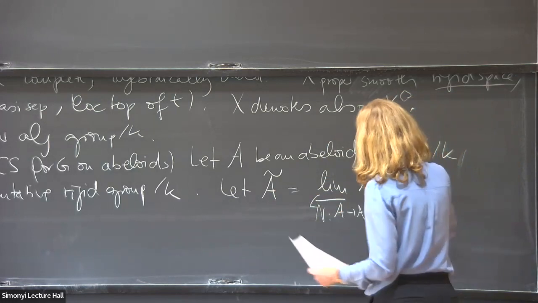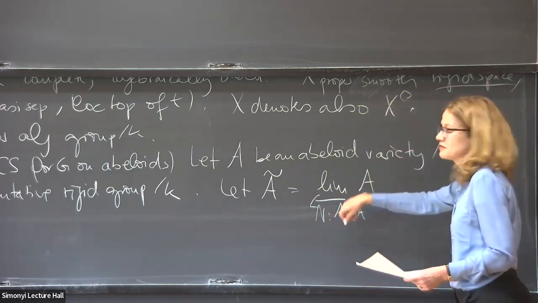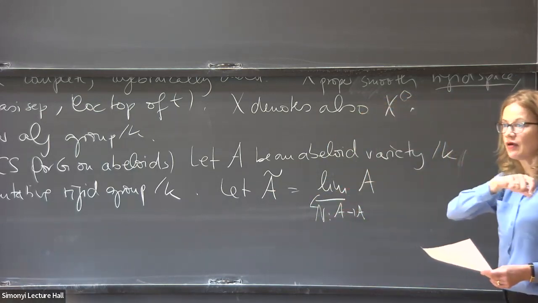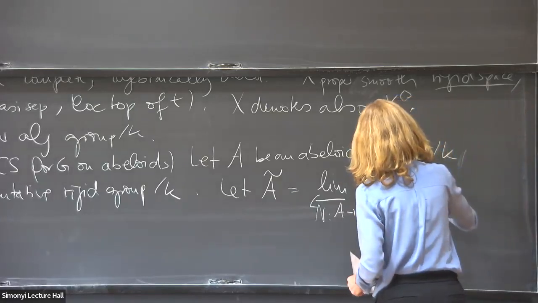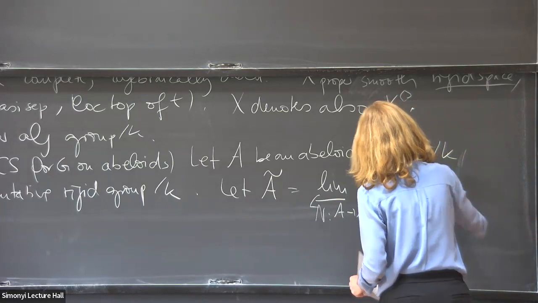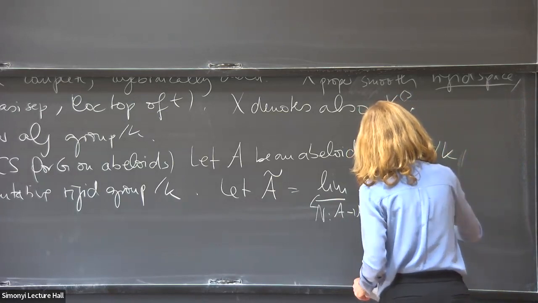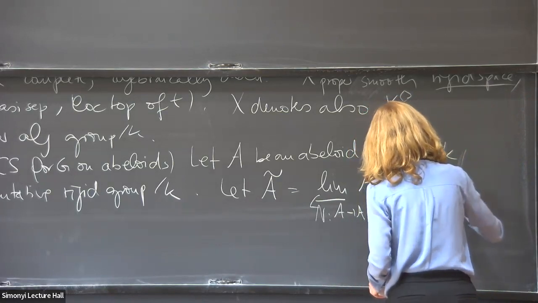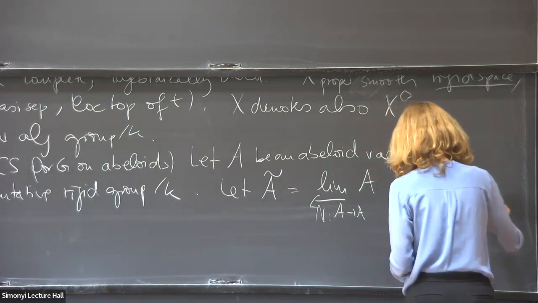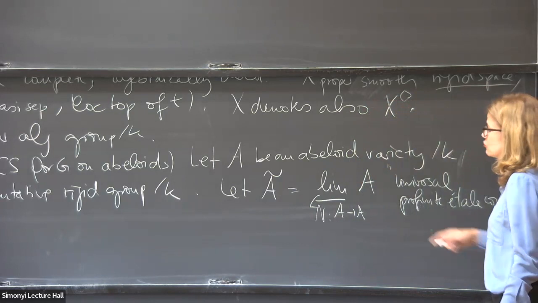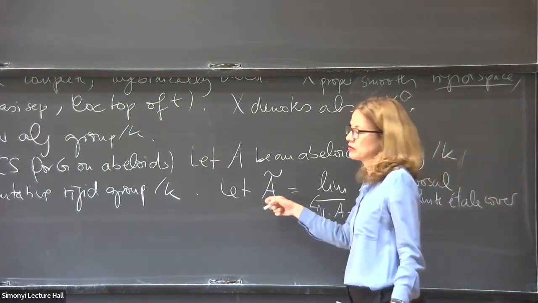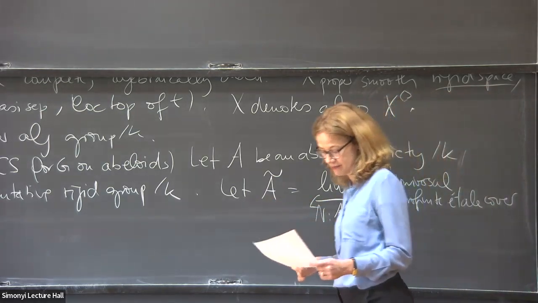We might call this, for good reasons, the universal profinite étale cover, since here you basically have all the finite étale covers. This is a nice space mapping to A, and it's in fact a torsor under the Tate module.